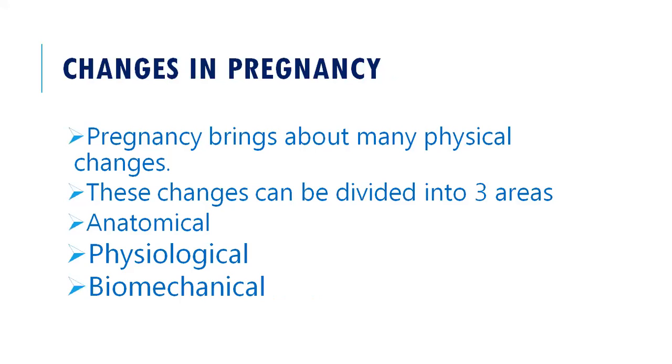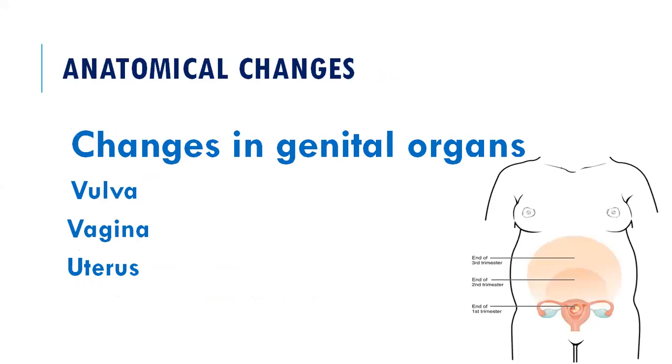So you can divide these changes in pregnancy into 3 areas. It can happen as anatomical changes, physiological changes, and biochemical changes also. So what are the anatomical changes and where do they happen? These occur in the genital organs mainly.